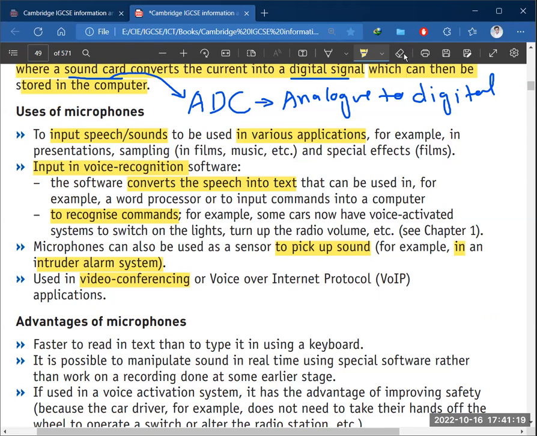How much have you written? Converts speech into text.